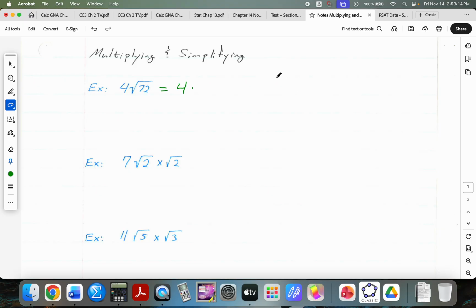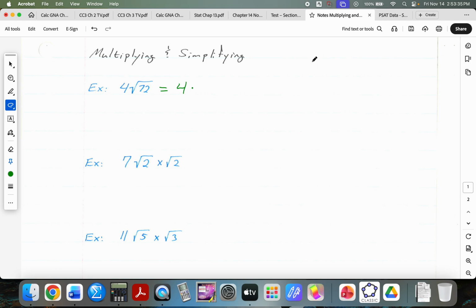Now, to simplify the square root of 72, you have multiple options. You can do perfect square factorization. You can do prime factorization. And with prime factorization, you can do it as a factor tree, or as a tower or a ladder, depending on which way you see it.